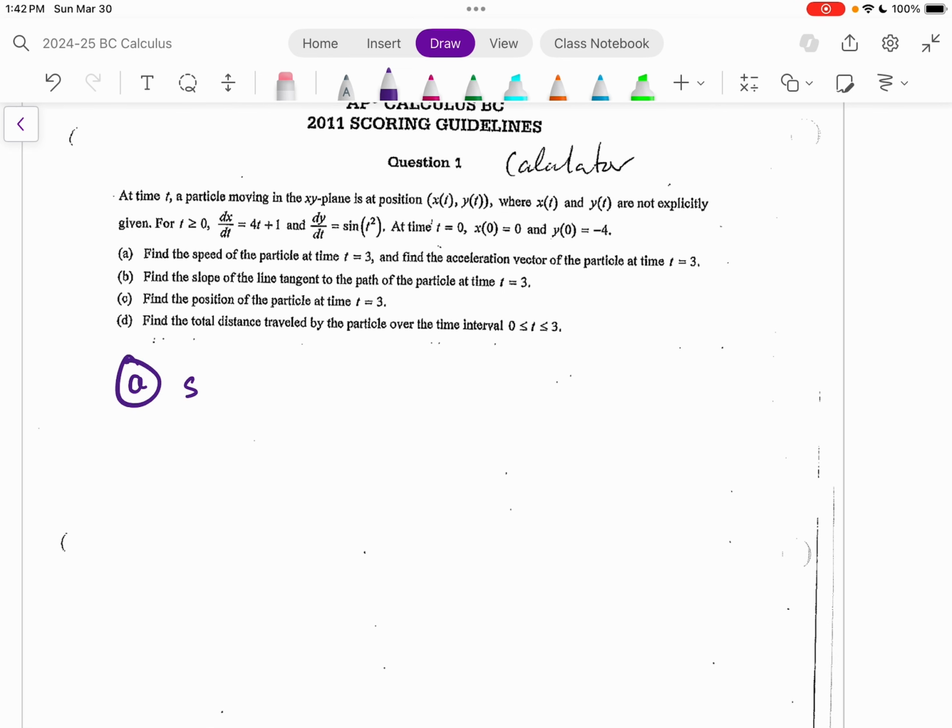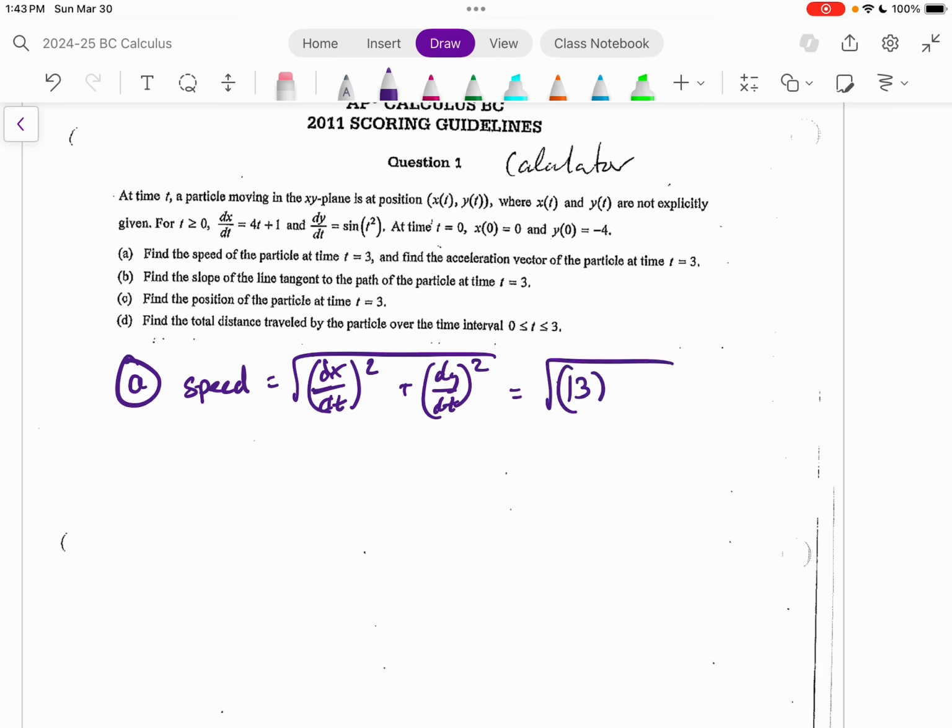Speed is equal to the square root of dx dt squared plus dy dt squared. In that case, again, this is a calc problem. What are we talking about at t equals 3? So this is going to be the square root of 13 squared, that's dx dt at 3, plus sine of 9 squared.